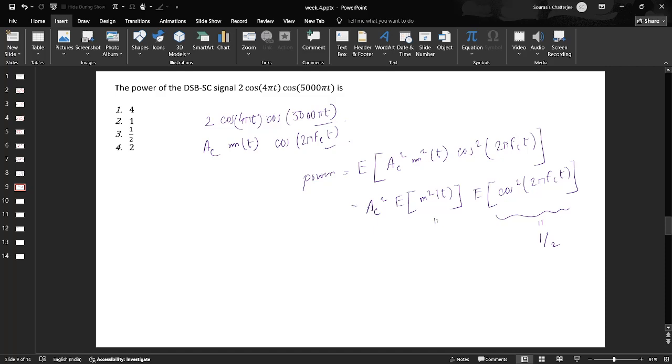Similarly, this one here is nothing but the expected value of another sinusoid. Nothing really changes, it's still 1 over 2, and A_c square is 2 square, that is 4. So we have 4 times 1 over 2 times 1 over 2, that is 1.